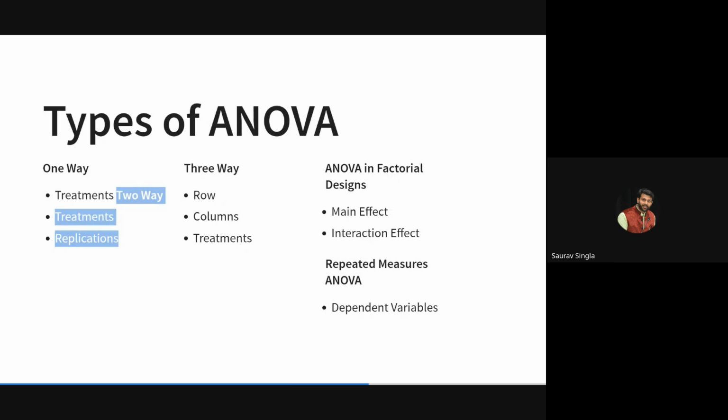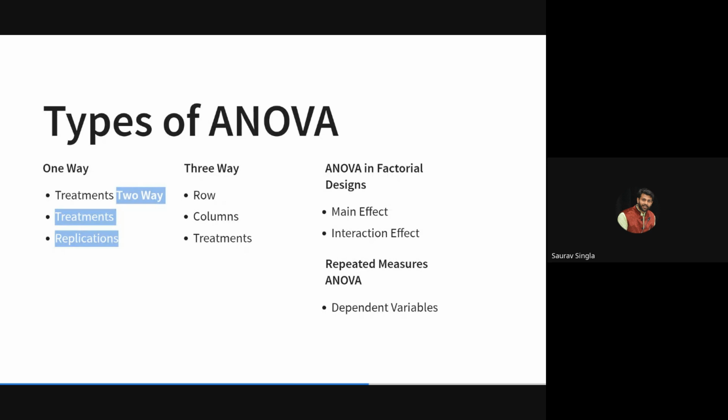The experimenter has the objective that he wants to know whether people who sleep 6 hours a day are more productive, who sleep 8 hours a day are more productive, or those who sleep abruptly are more productive in their day.